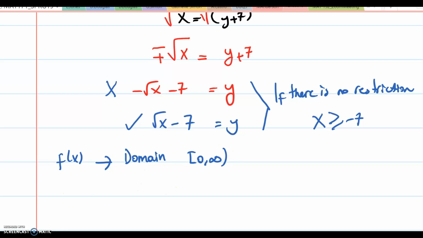That will be the f inverse of x. Oh no, f of x range, sorry. Alright, f of x range, yep, and that will be f inverse of x domain, 0 to infinity.